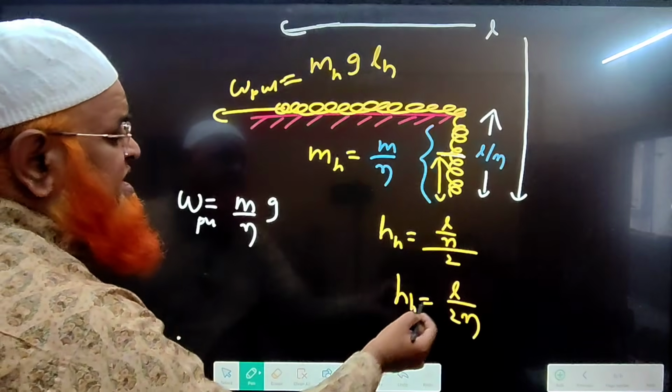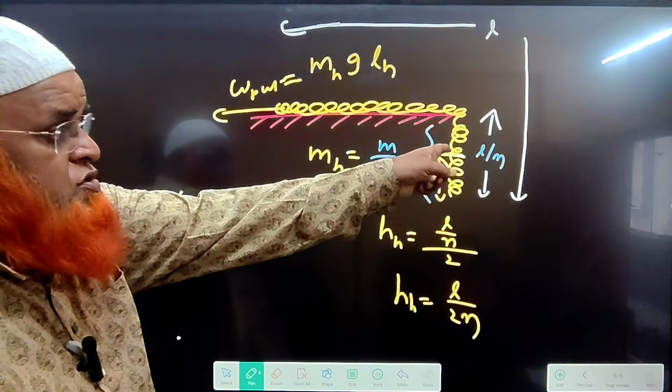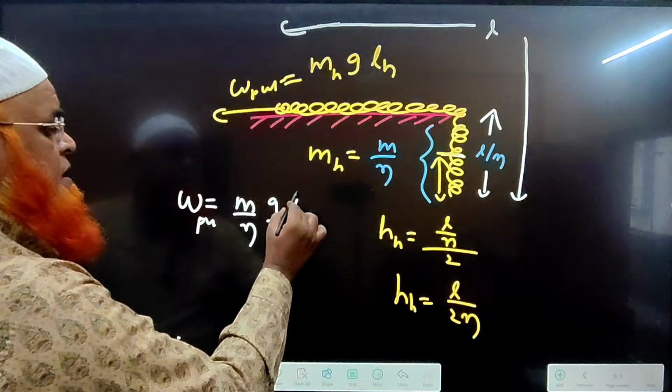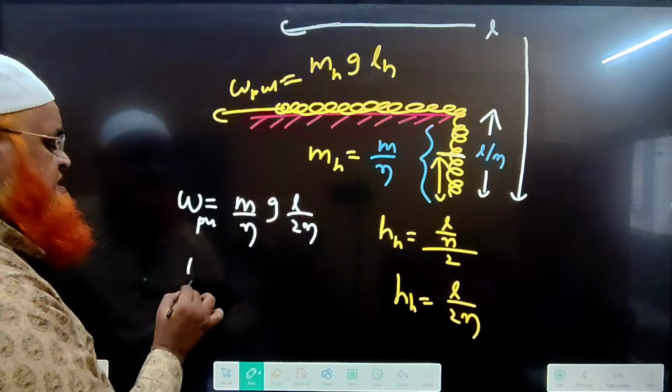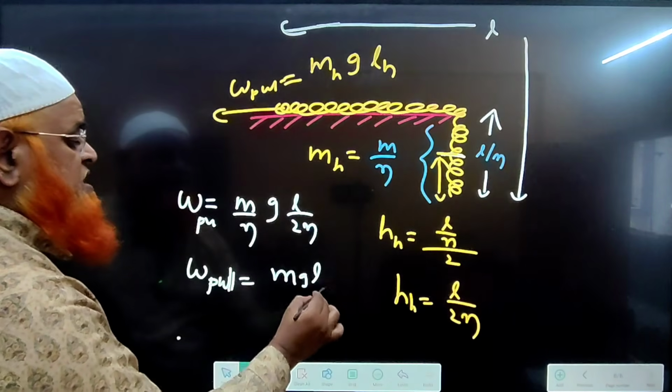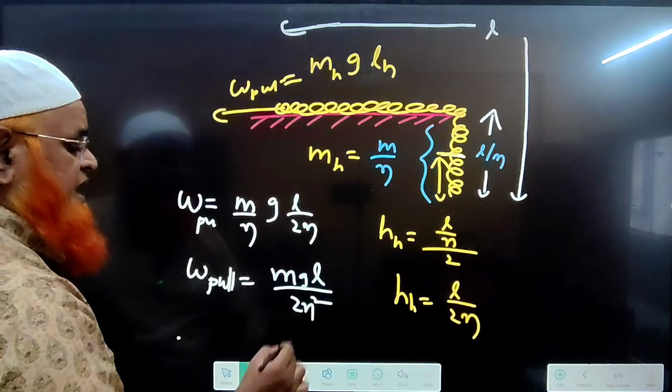For the length of the hanging chain, you should not take L by n, you should take the center of mass. Half of L by n is L by 2n. So the work done to pull the chain is mgL by 2n square. That is your formula.